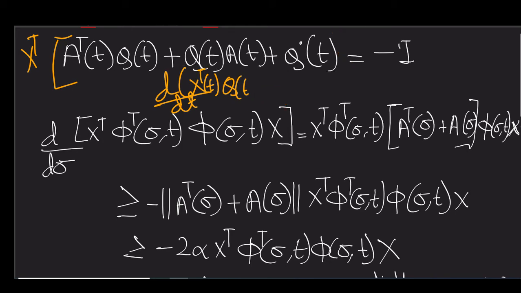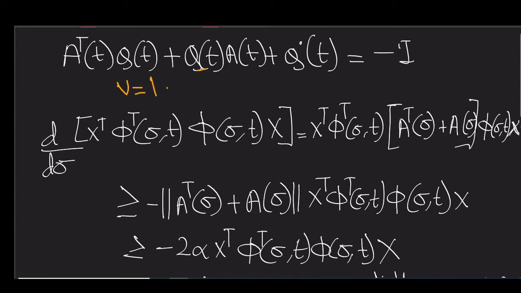If we see that one, then what we will get here is equal to minus I. So now what we can write further is that a valid choice of V could be 1.